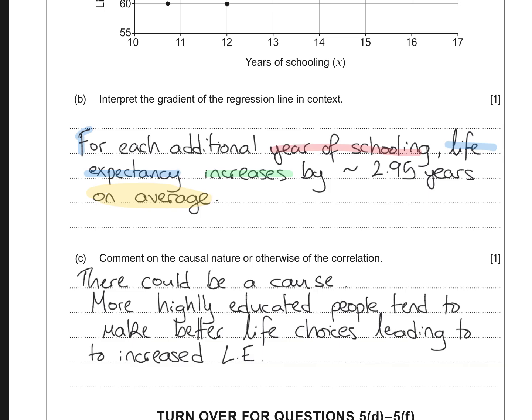You could even go a bit further and say, well, you could go the other direction and say they're not necessarily linked. There's some kind of third factor between them, and discuss a bit more about that. And I am generalizing here. It doesn't mean that if you go to university and get your PhD, you're gonna live really long because you make fantastic decisions. Not at all. But in general, the more educated you are, you might be making better life decisions and live longer as a result, possibly. Okay, moving on to part D, E, and F.